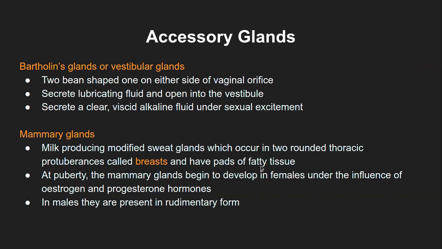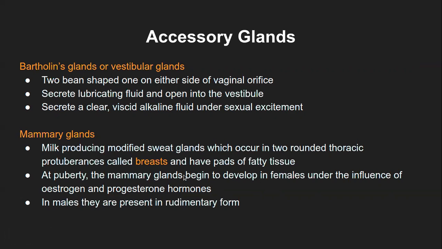The inner linings of the breast have quite some fatty tissues, so that the mammary glands are being supported by this fatty tissue. At puberty, the mammary glands begin to develop in females.